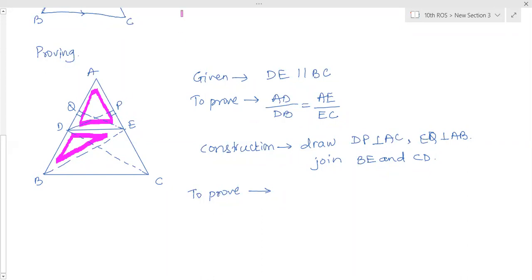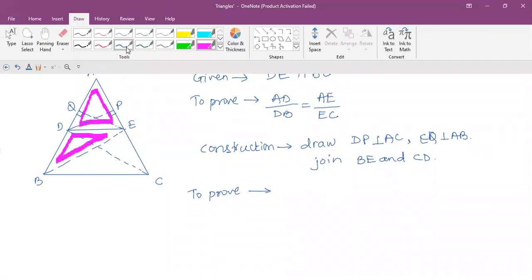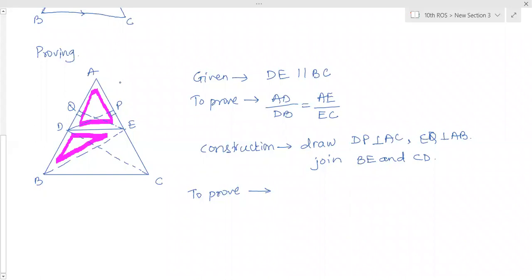We have to find the area ratio of these two triangles. So here, area of triangle ADE by area of triangle BDE is equal to the area of triangle formula.